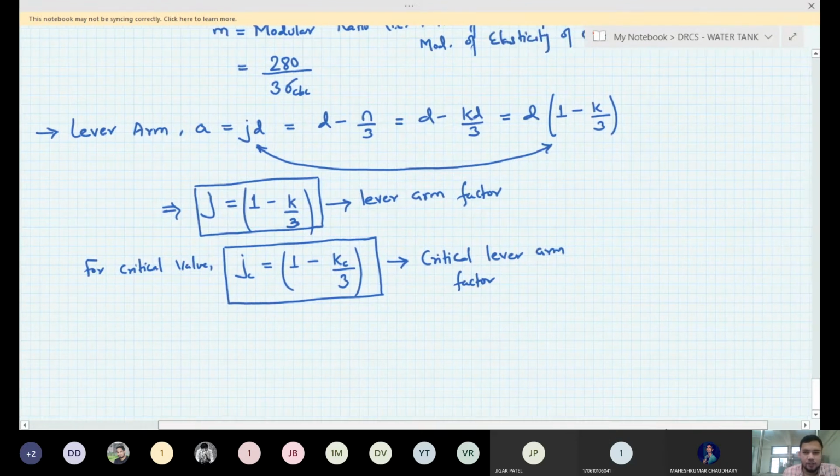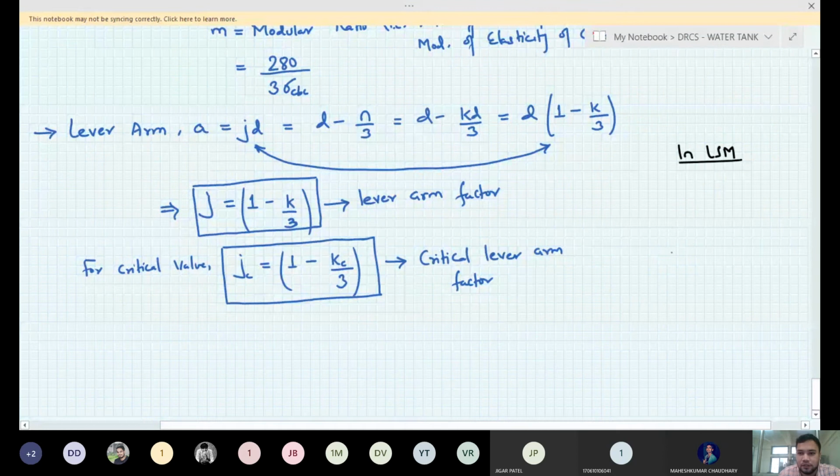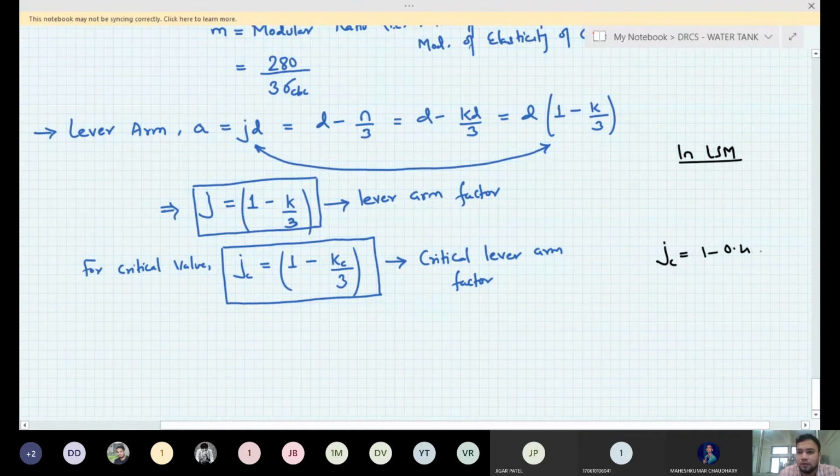So we can write here in limit state method, JC is equal to 1 minus 0.42 XU max by D. Okay, or we can say J is equal to 1 minus 0.42 XU by D. Okay, this is in limit state philosophy.